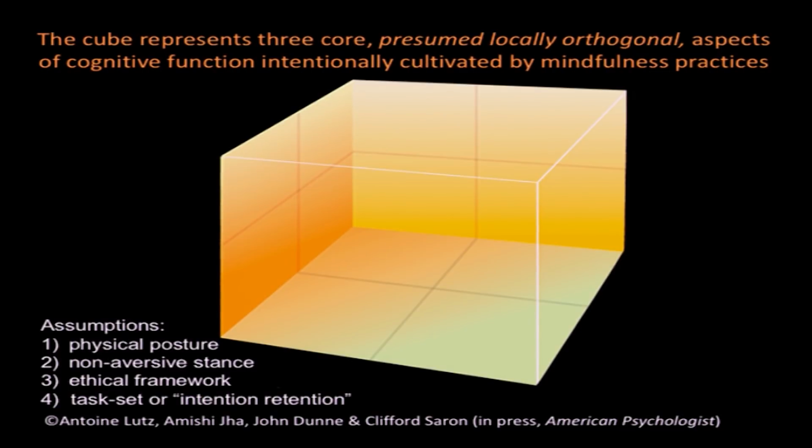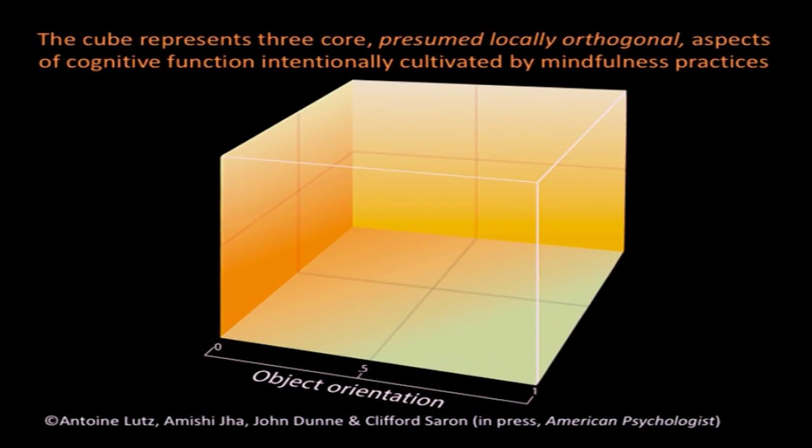The assumptions that we begin with are that there's some physical posture, some embodiment, as we had just heard, that there's fundamentally a non-aversive stance, that you've not been coerced into engaging in this practice, that the practice occurs in a latent or explicit ethical framework, and that there is some task set that you need to retain, whether it's an instruction to pay attention to the breath sensations or to make your mind like sky. These are both task sets.